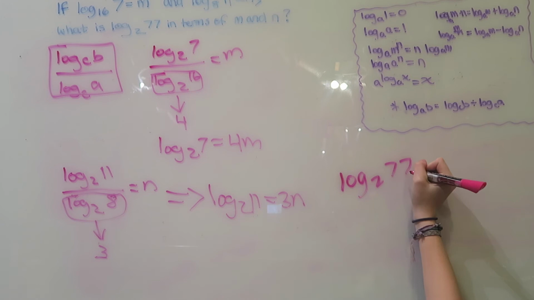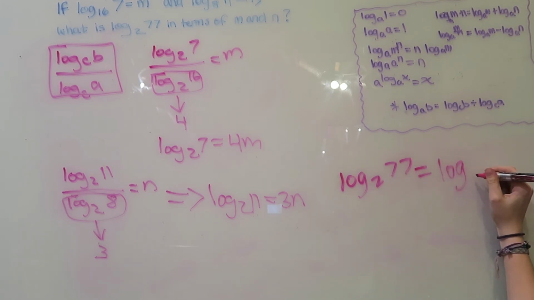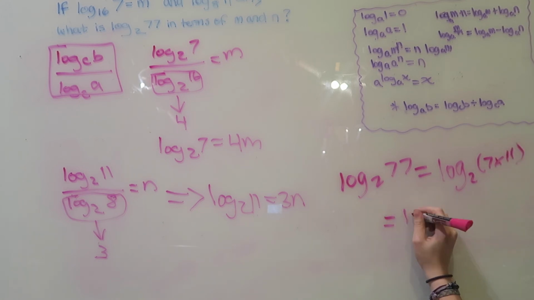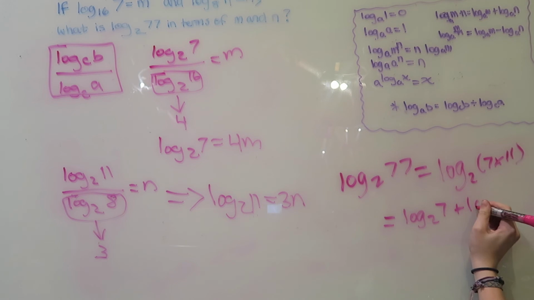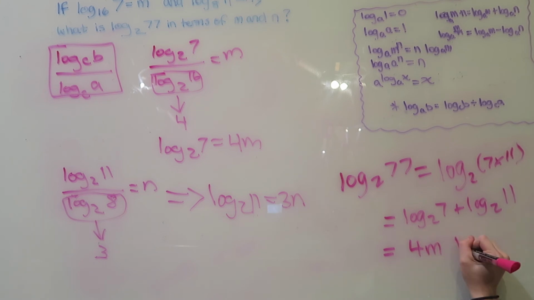So log base 2 of 77 is equal to log base 2 of 7 times 11. And by using one of the formulas, we know that this is equal to log base 2 of 7 plus log base 2 of 11. These are the same numbers that we derived earlier, so then this is equal to 4m plus 3n. And there you have it. That's log base 2 of 77 in terms of m and n.